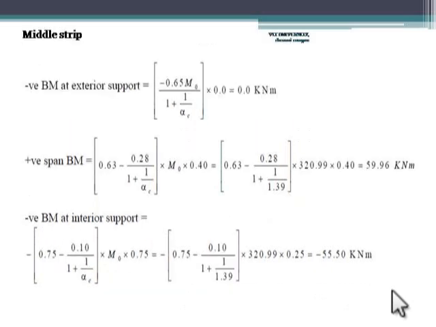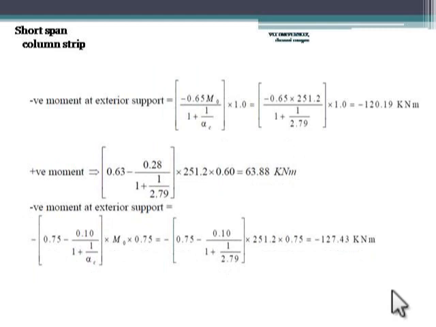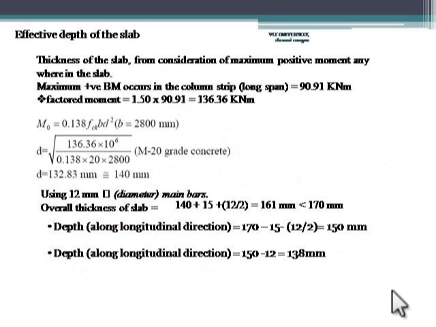For middle strip we got these values. For shorter span, column strip and middle strip, we have calculated. Effective depth of the slab: thickness of slab for considering maximum positive moment, where the slab maximum positive bending moment occurs in column strip.